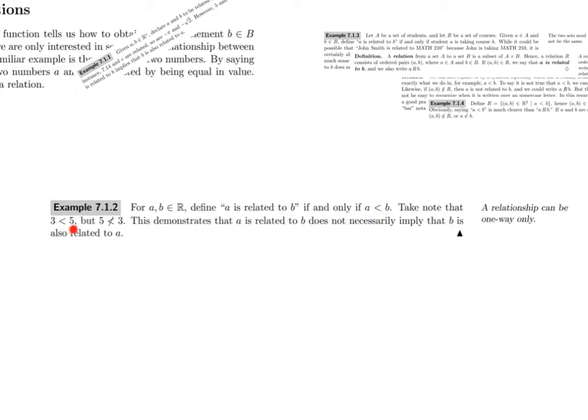So 3 is less than 5, that's a relationship between 3 and 5. But I can't switch the position of the 5 and 3 and have it still be true. In other words, if I say 5 is less than 3, that's not true. So in general, just because a is related to b doesn't necessarily mean that b is related to a.